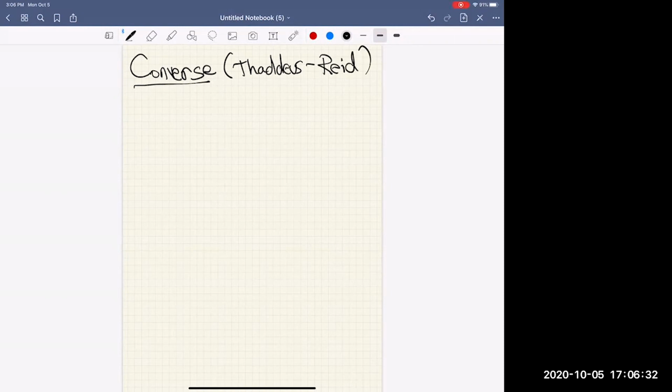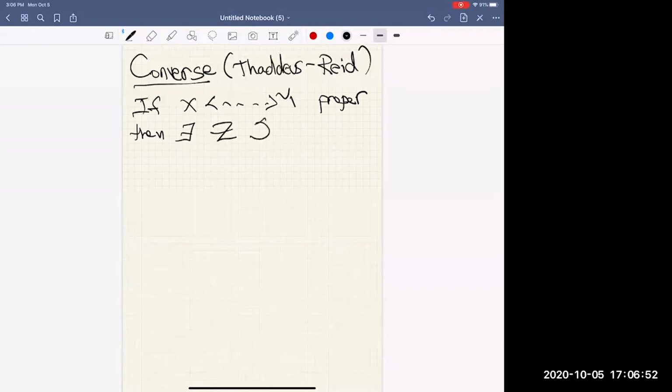So, if X and Y are birational and proper, then there exists some variety Z with a C star action and C star equivariant line bundles such that X and Y are the GIT quotients.